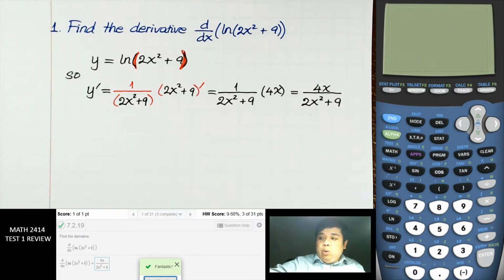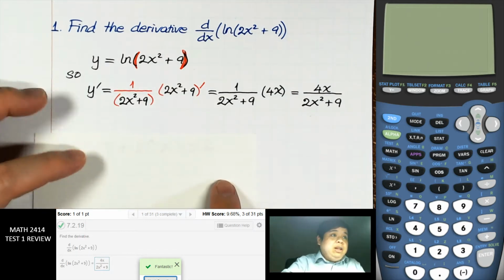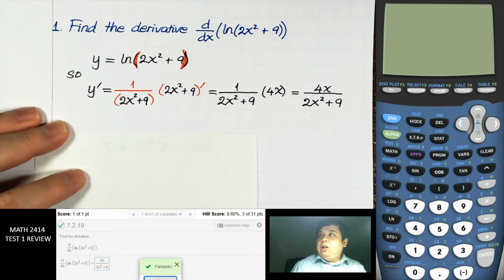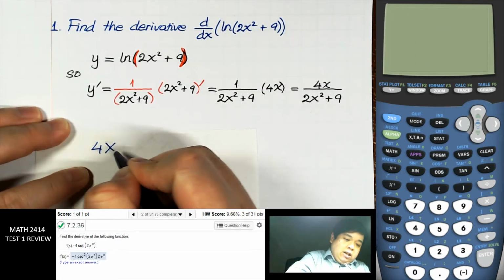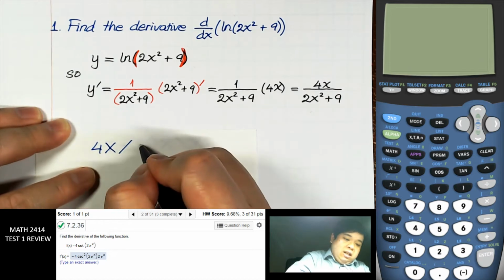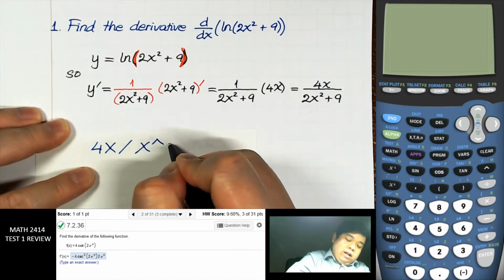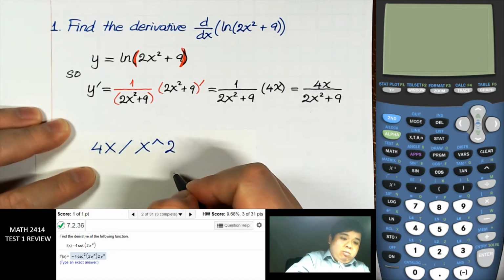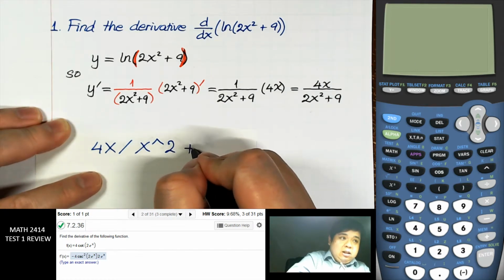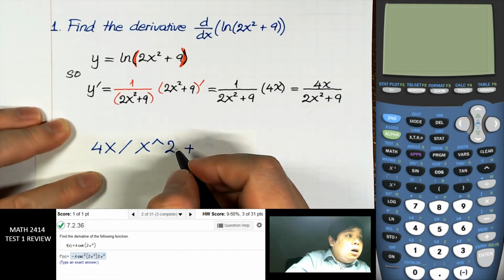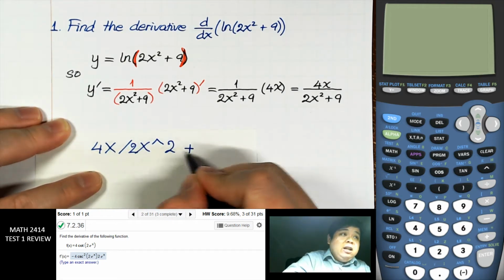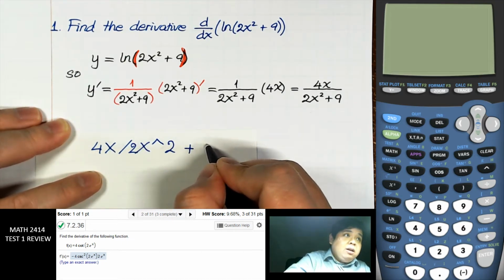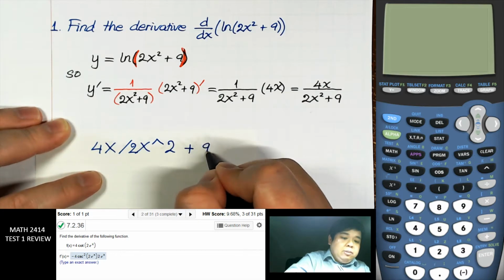By the way, we certainly can type everything on the keyboard. So what I do is enter 4x and then the slash, x squared, and then hit the next button and then plus 2x squared and then plus 9.